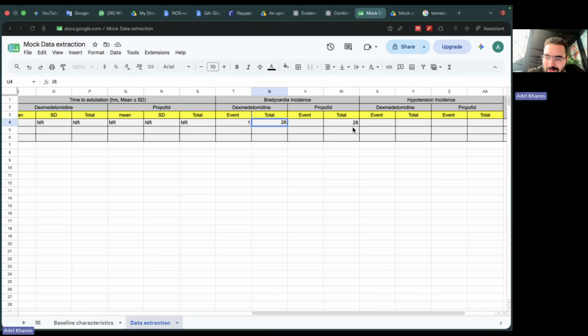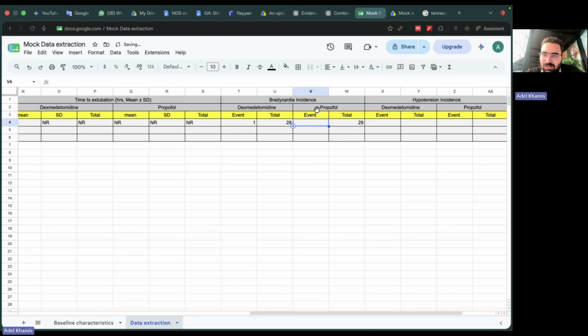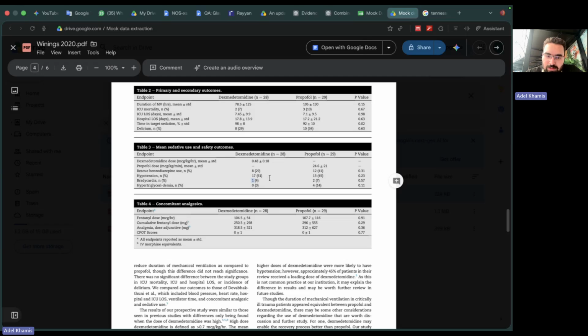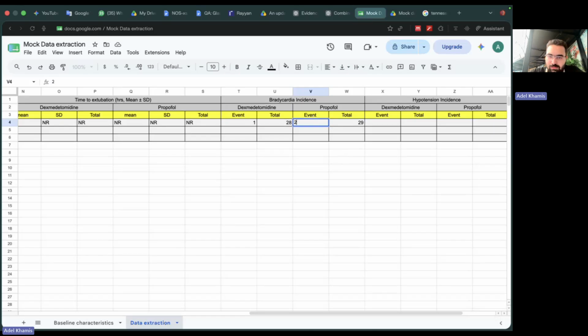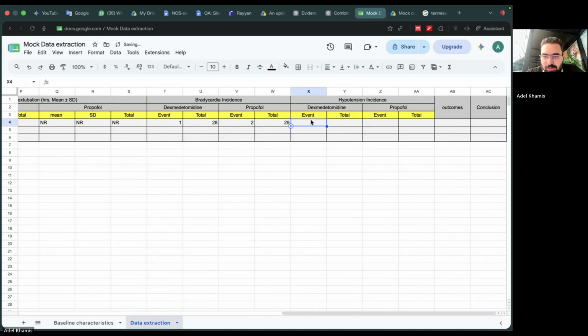You need to be accurate about this because this is your study. So here one, here two. Two bradycardia. The hypotension was, let us put here 28, 29.